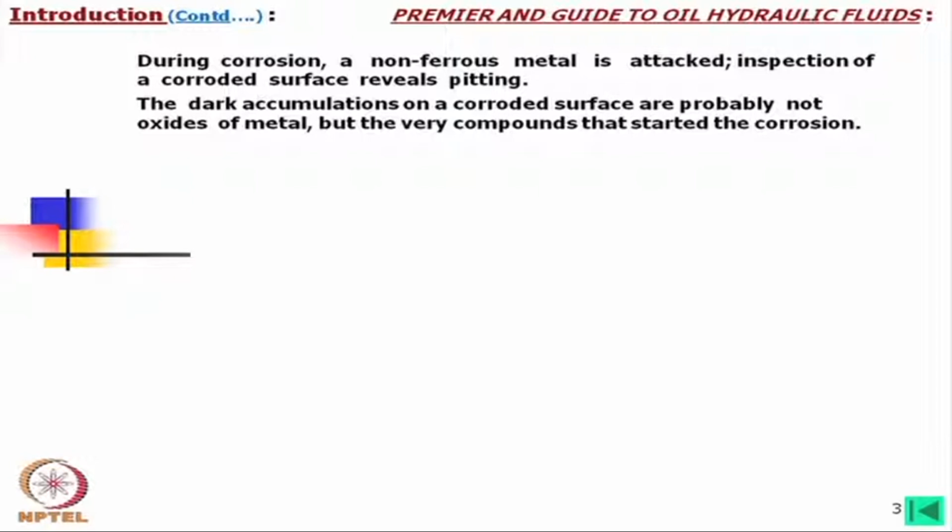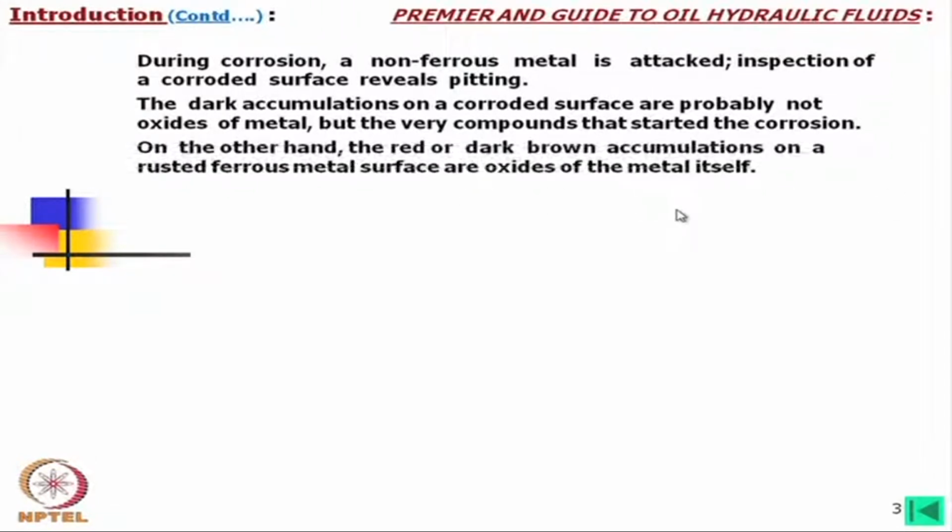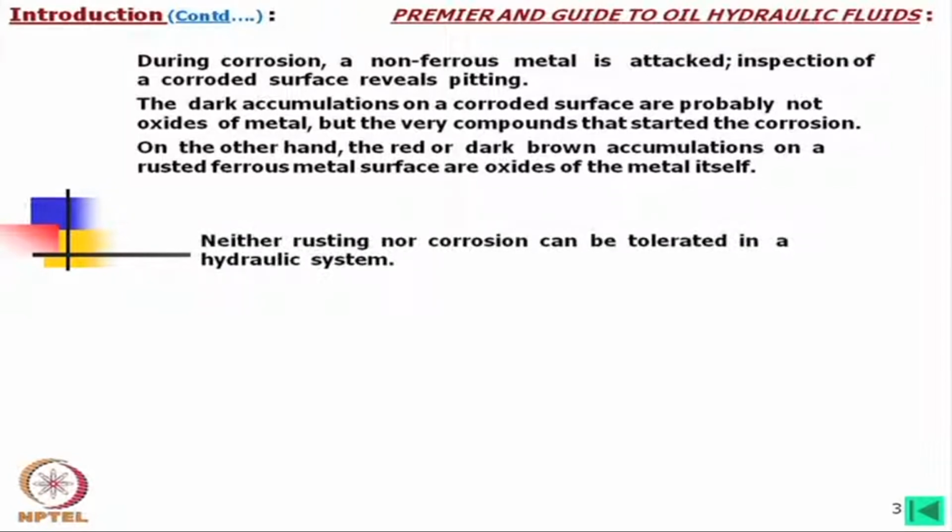We may think that these are oxides of metals, but they may not be; maybe some portion, but normally they are the compounds. On the other hand, the red or dark brown accumulations on a rusted ferrous metal surface are oxides of the metal itself. This is of course a ferrous material.